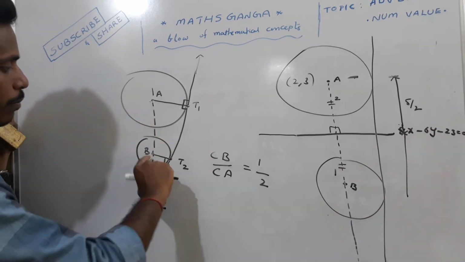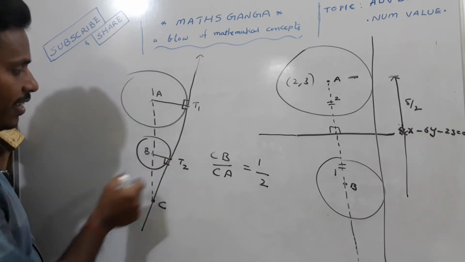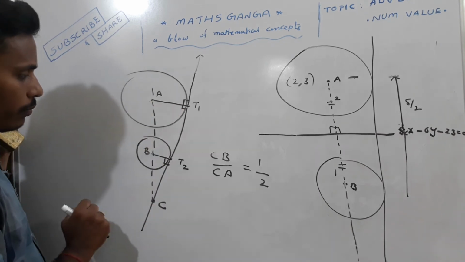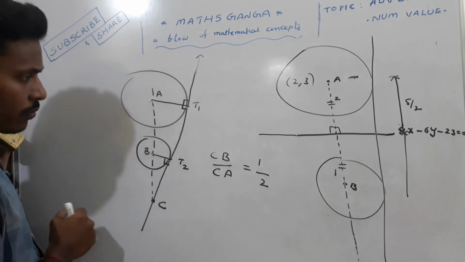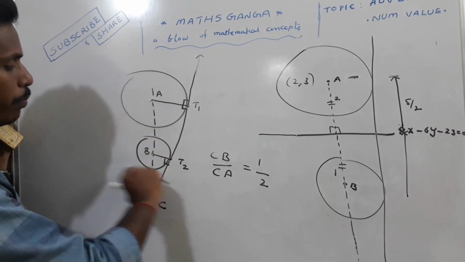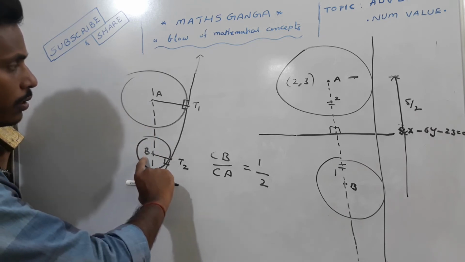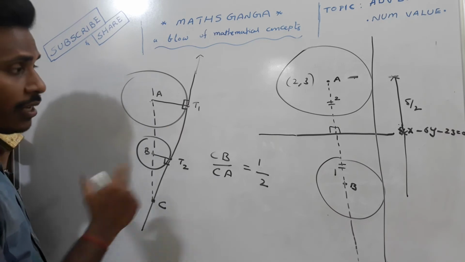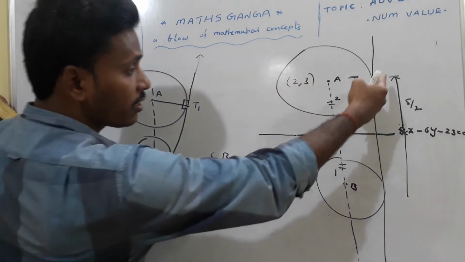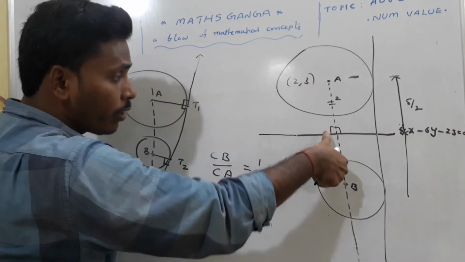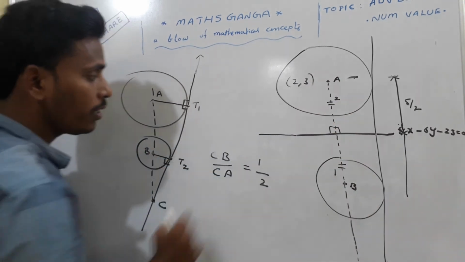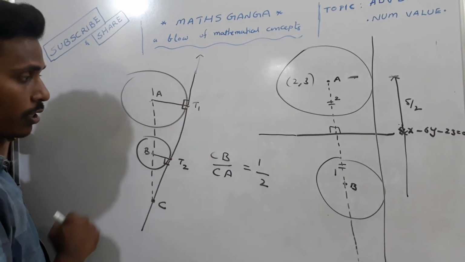CB by CA is equal to 1 by 2. So we have the CB part and the CA part. Here it is 5 by 2, here it is 5 by 2, so the distance from A to B is 5. So this ratio is 1 by 2.